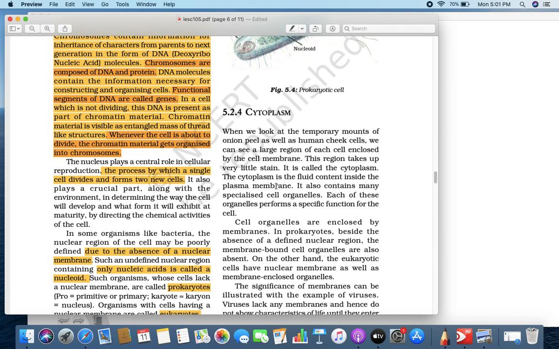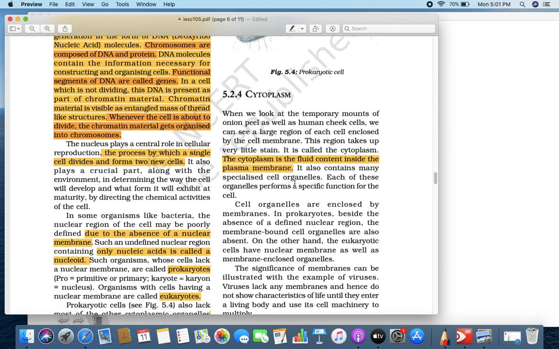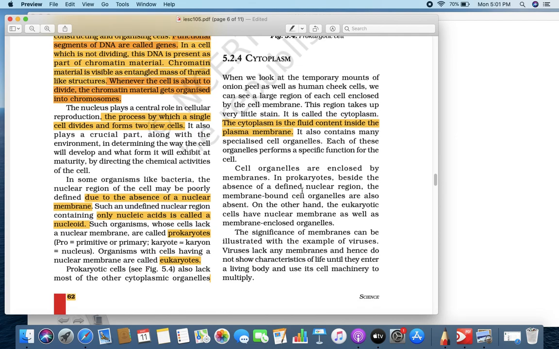So cytoplasm is nothing but the fluid content inside the plasma membrane. Between the plasma membrane and the nucleus there is a fluid that we call cytoplasm, and inside the cytoplasm it has many cell organelles, which we are going to study next.